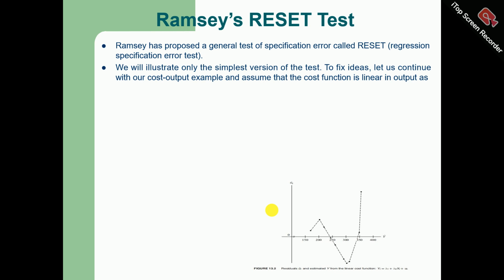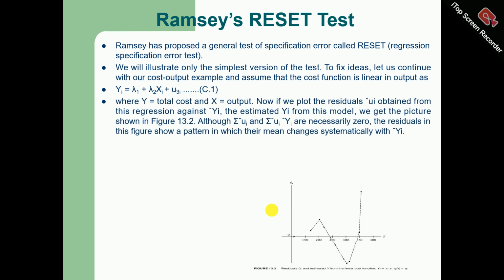Let us continue with our cost-output example and assume that the cost function is linear in output as follows: y_i equals lambda 1 plus lambda 2 x_i plus u_3i, where y is the total cost and x is the output. Now, if we plot residuals u_i hat obtained from this regression model against y_i hat, the estimated y_i from this model, we get the picture shown in this figure below.